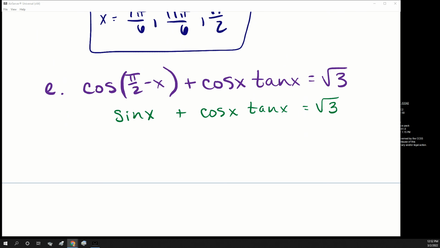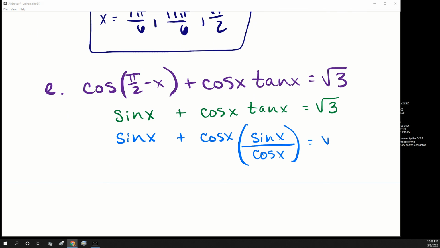Okay. Well, it's not really a lot we can do the way it is now. What can we do though? You can change tangent. What would it be smart to change it to? Sine over cos. Yes. Cosine does cancel out.